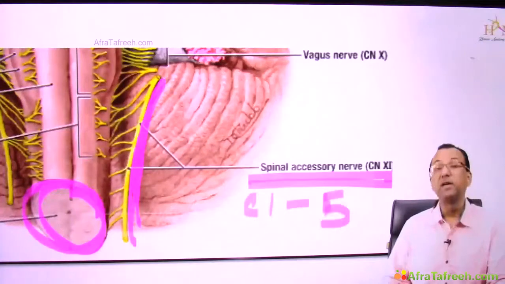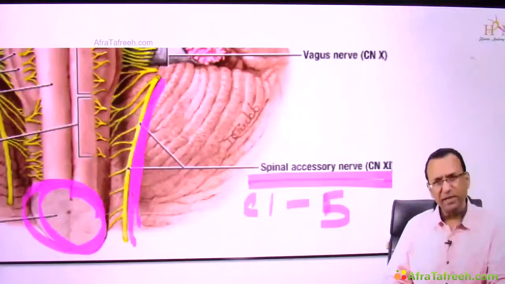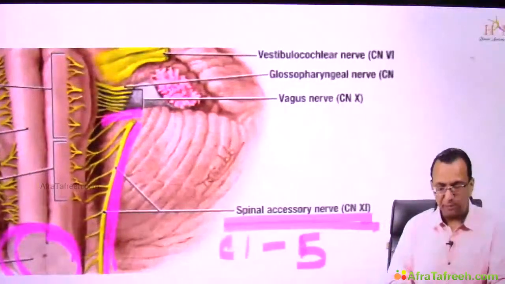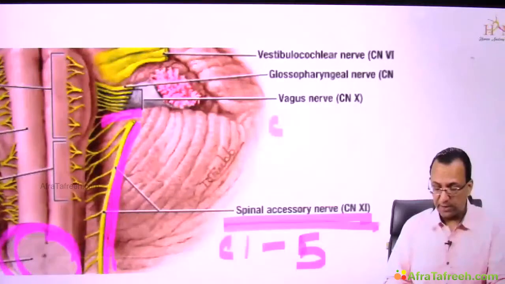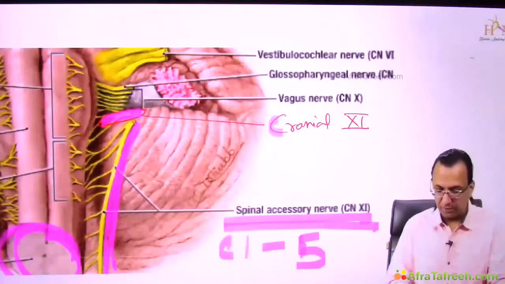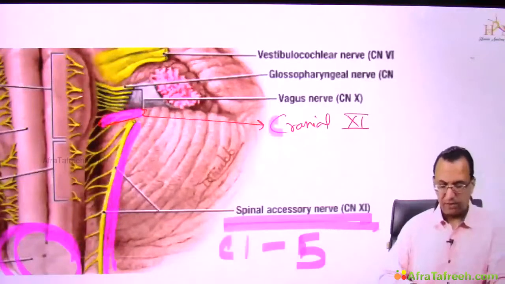So from C1 to C5 you will have this spinal accessory nerve. What is it doing? It will enter the foramen magnum and join the cranial part of the 11th nerve. Now this is the cranial part of the 11th nerve and the spinal part of the 11th nerve, and together they will run.